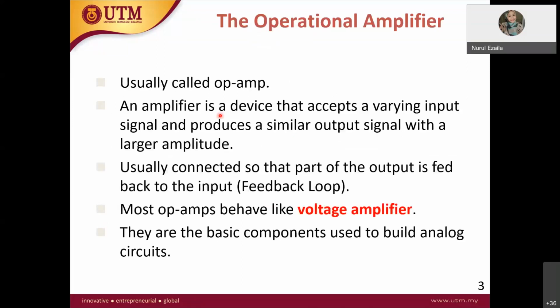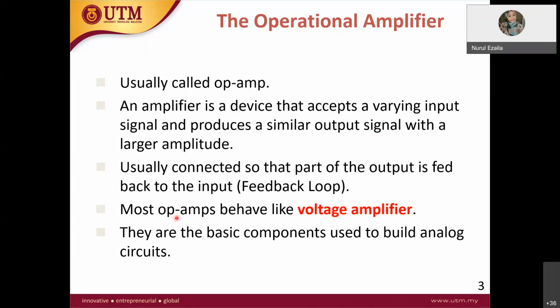So it is usually called an op-amp. An amplifier is a device that accepts a varying input signal and produces a similar output signal with a larger amplitude. Usually it is connected so that part of the output is fed back to the input, which means that it has a feedback resistor.